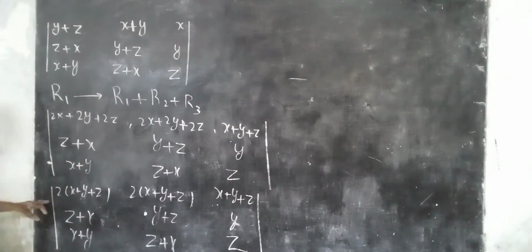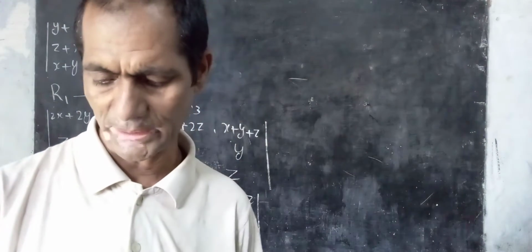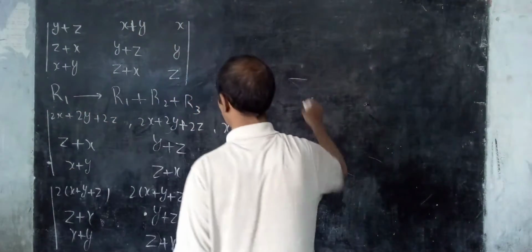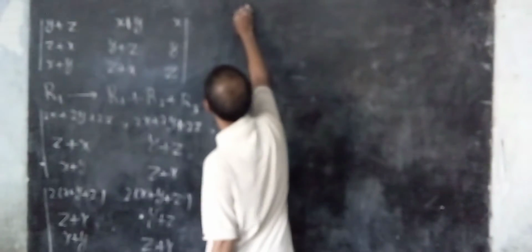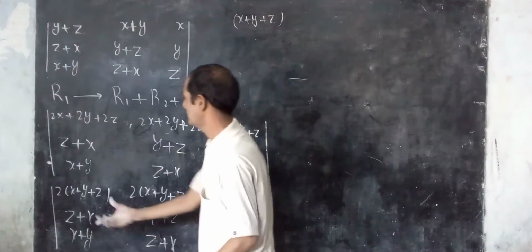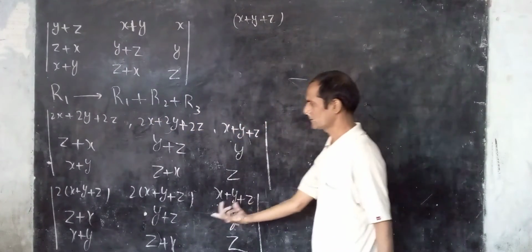So the elements of row 1 are multiples of x plus y plus z. So we take x plus y plus z as common from the first row. Take this common.